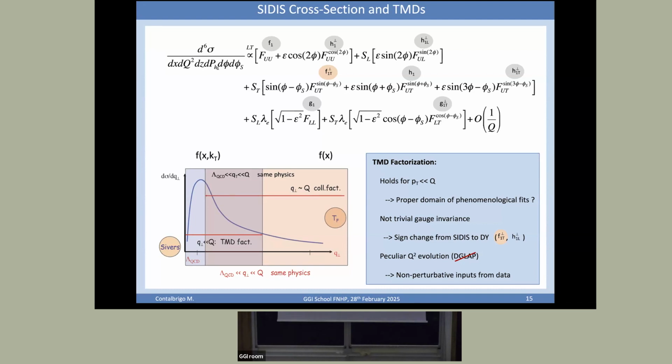However, some notes. In order to study TMDs, we have to apply this request. This request is clear from the theoretical point of view, but in the experiments, it's more complicated, again, because you should decide which point satisfies this and which point does not. And what really means "very much smaller than"? This is just qualitative, but quantitative is not clear.